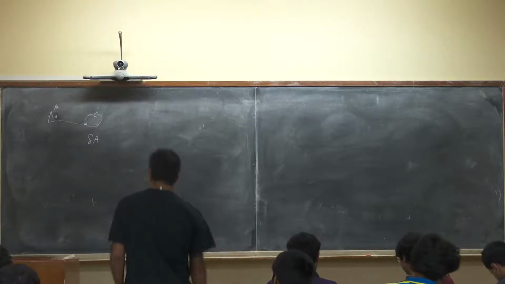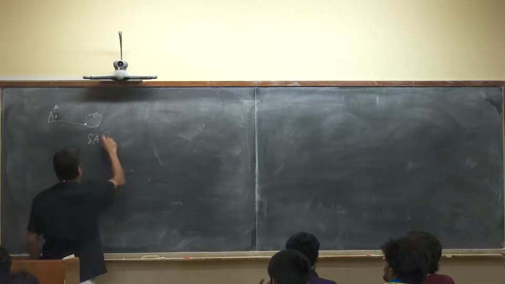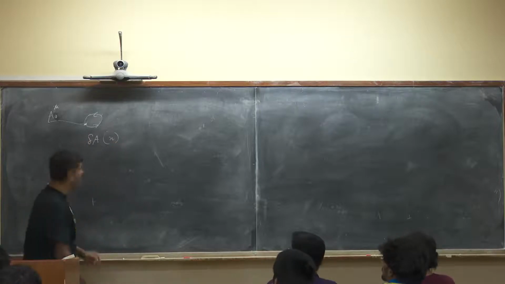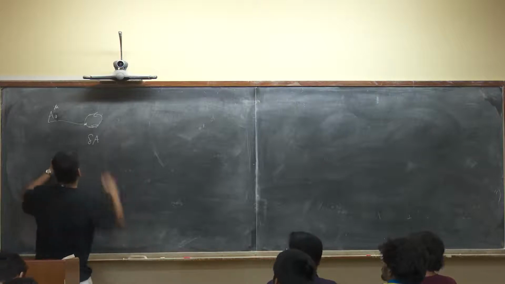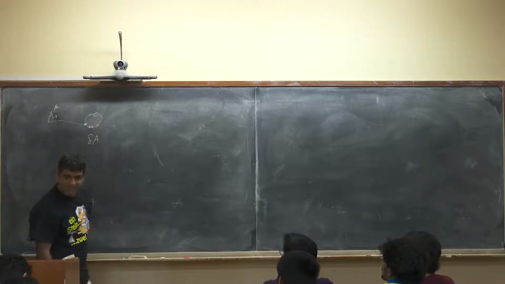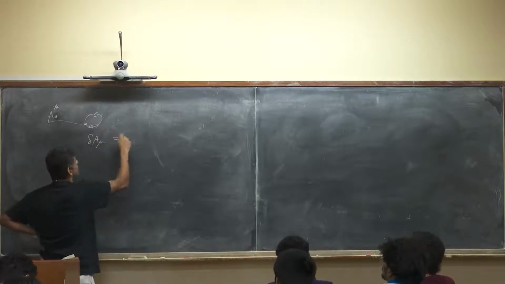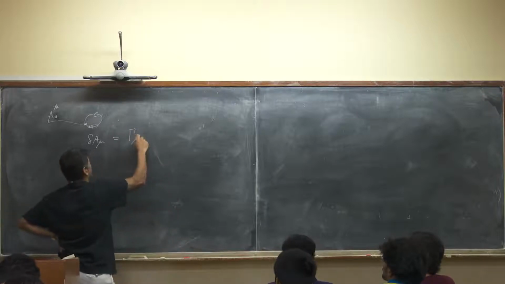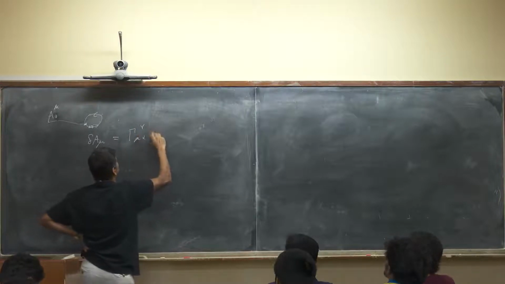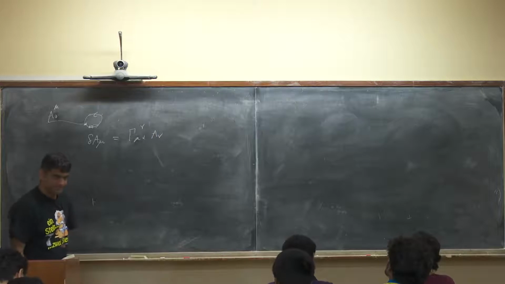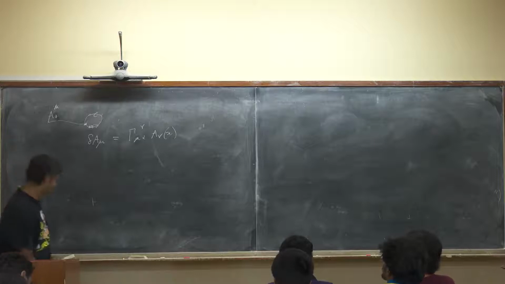Now delta A, the change in A as we go from some point here along this little thing, is: delta A naught mu is equal to gamma mu alpha nu A of nu, and this A of nu at the point x, and del x alpha.